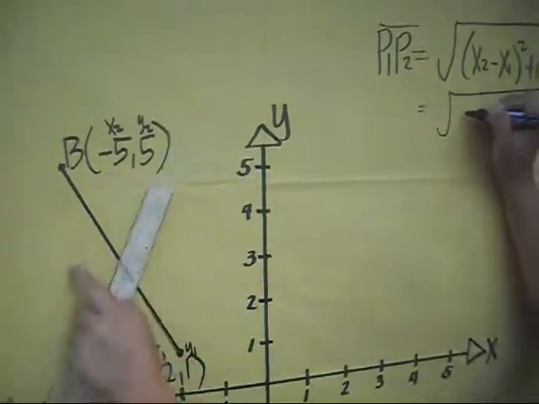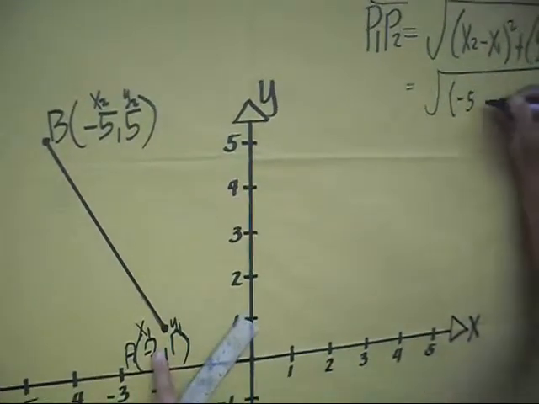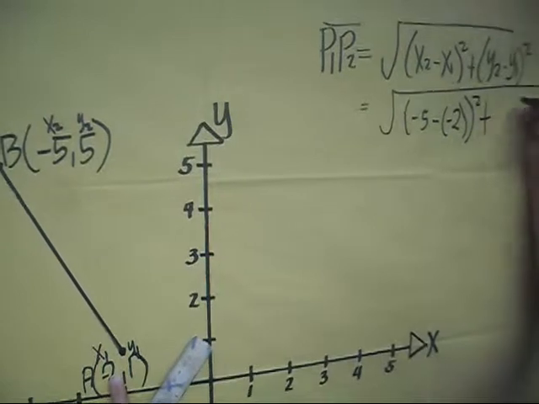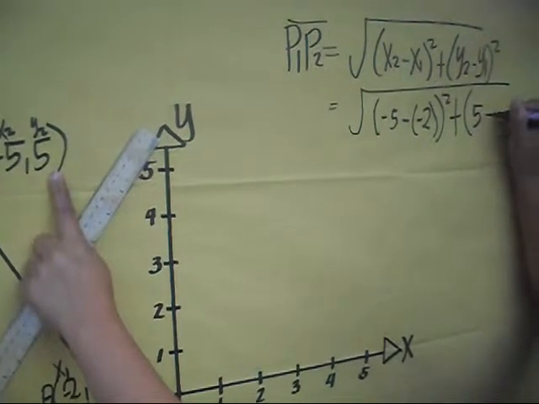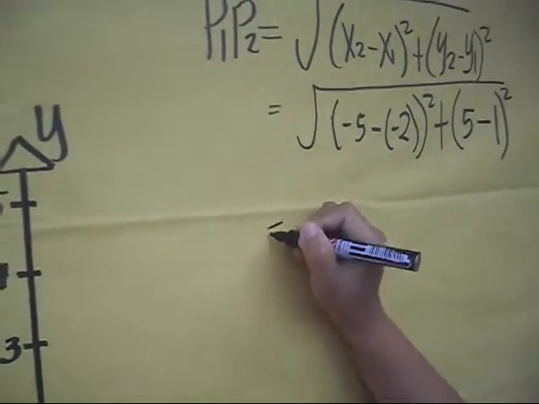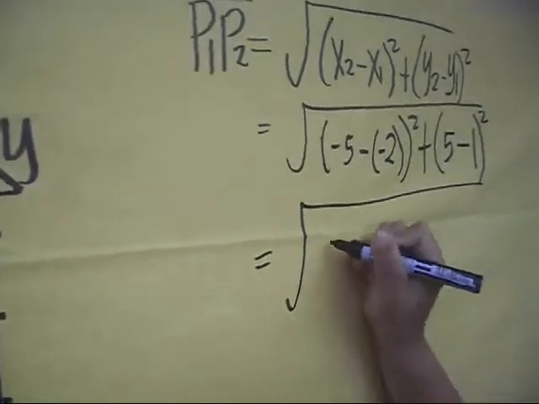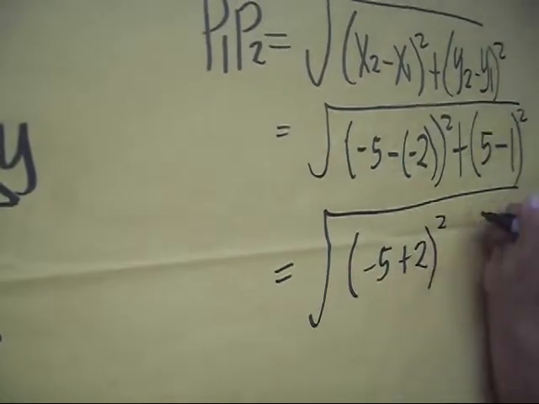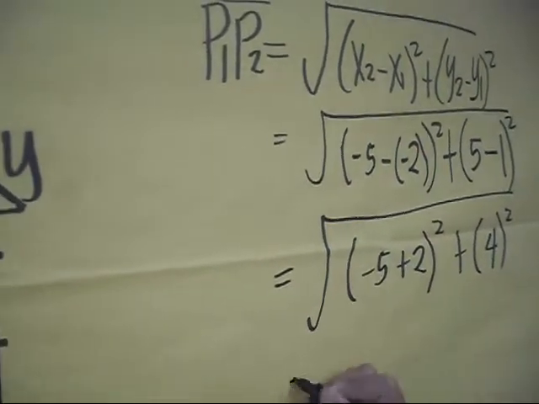X sub 2 is negative 5, and x sub 1 is negative 2, squared, plus y sub 2 is 5 minus y sub 1 squared, is equal to the square root of negative 5 plus 2 squared plus 4 squared. Let's simplify.